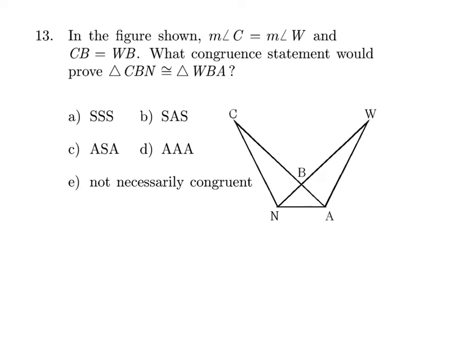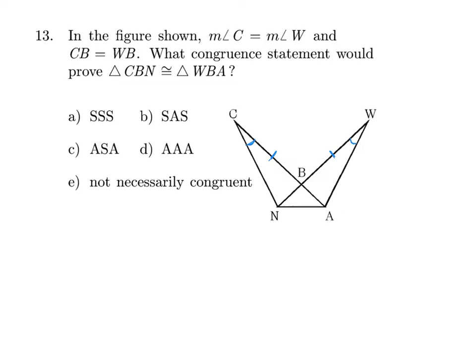All right, in the figure shown, measurement angle C is equal to measurement angle W. So these are the same. And CB is equal to WB.